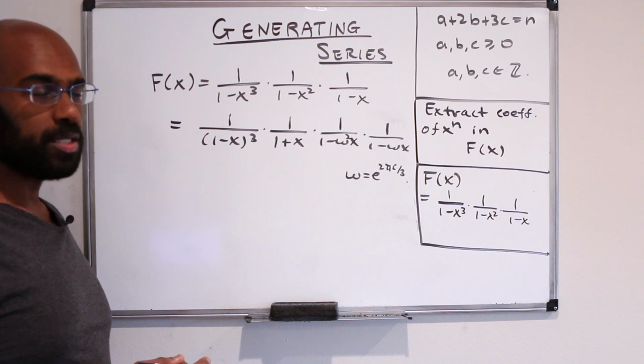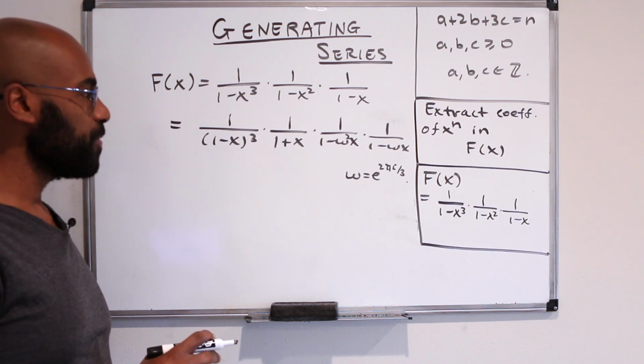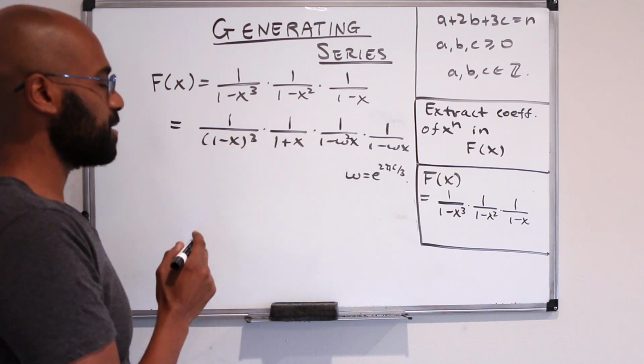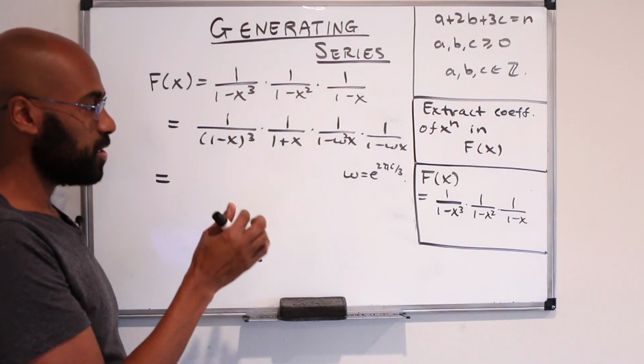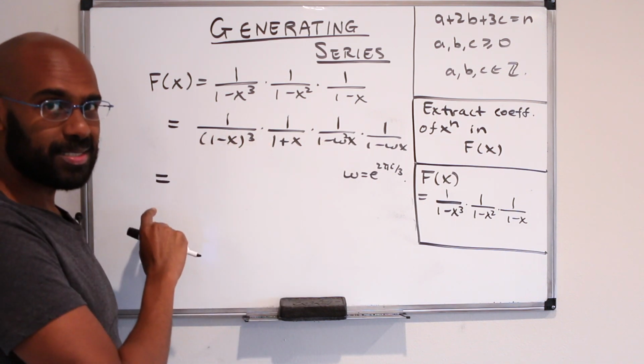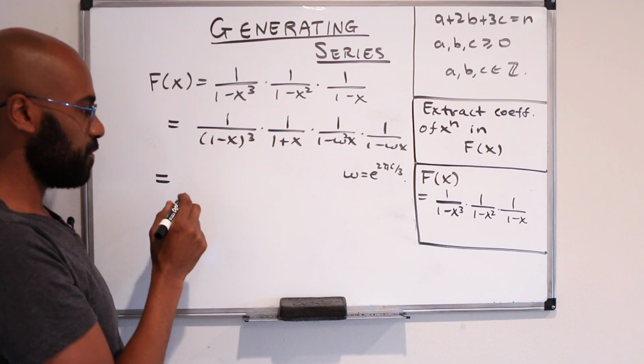What we're going to do now is something that happens when you take a calculus course and you're integrating, which is to represent this as a sum of series using partial fractions. So how this works is we can write this as a sum of different rational functions that will be easier to deal with.